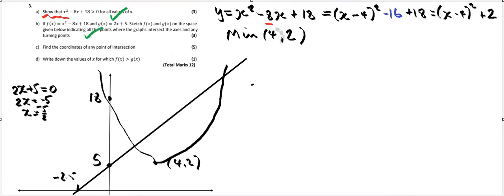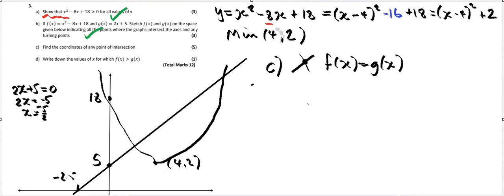Right, now C, points of intersection. Remember, points of intersection means where the 2 things cross. If they cross, that means that f of x must be equal to g of x.